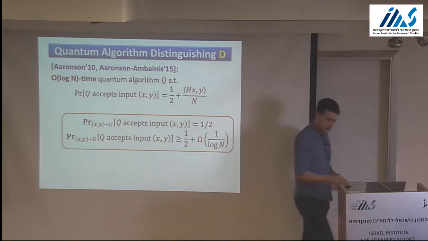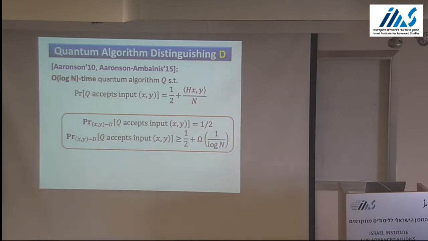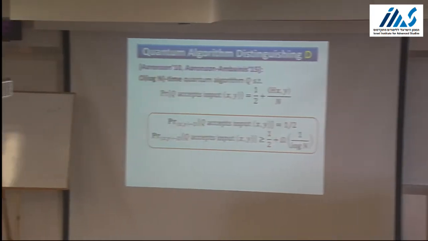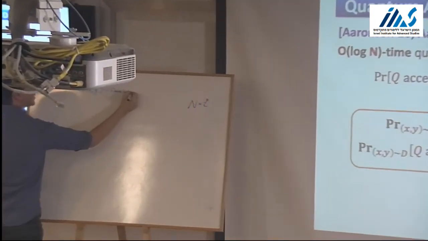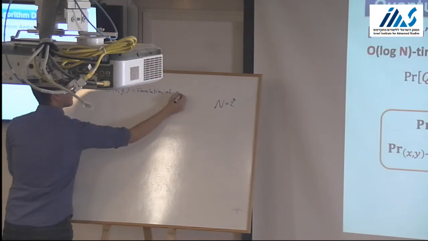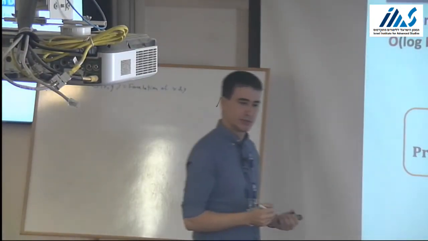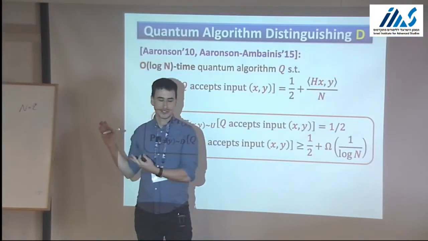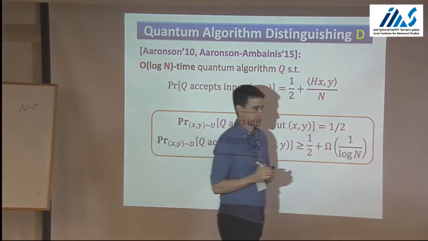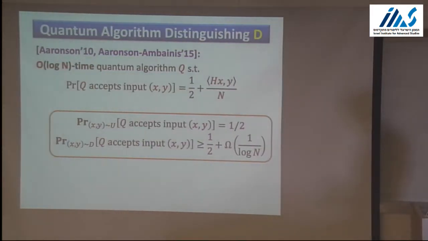And I also want to remind you that we call this thing, the inner product of Hx with y, the correlation of x and y. And really, our task is to distinguish between strings that are uniform and strings that have high correlation, that have high inner product after we apply Hadamard on the first part.